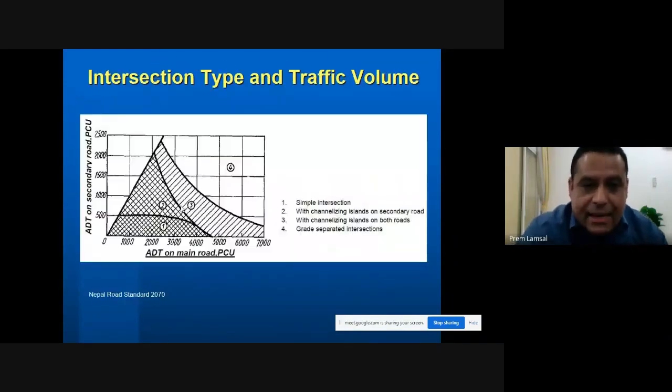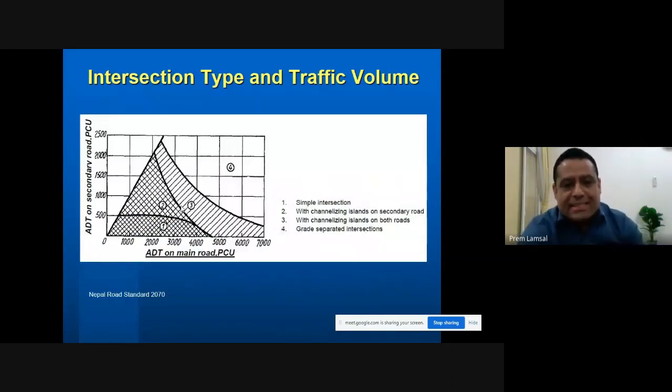Here in this graph, which I have taken from Nepal Road Standard 2070, can you see this graph? As per this graph, if we have traffic volume in the main road crossing more than 5,000, and in the secondary road more than 500, we have to go for grade separation.